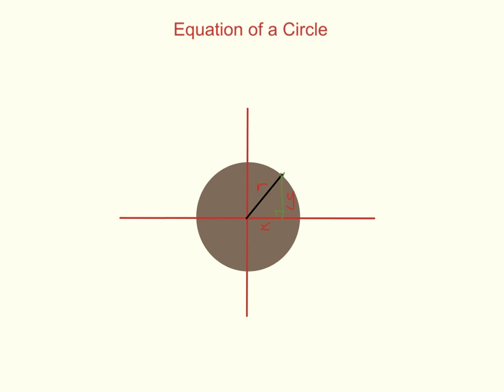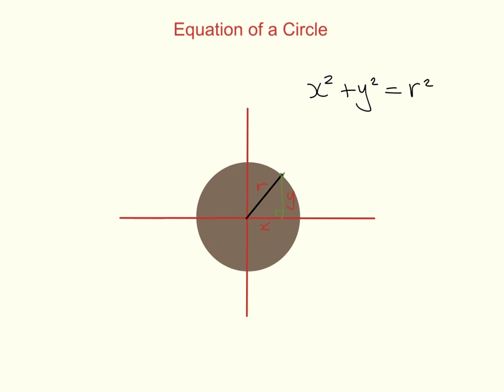Immediately you should be thinking, well, I've got a right angle triangle. This radius does relate to these two other variables, and Pythagoras is the one that makes it happen. So you should remember that x squared plus y squared is equal to r squared, because that's the hypotenuse.